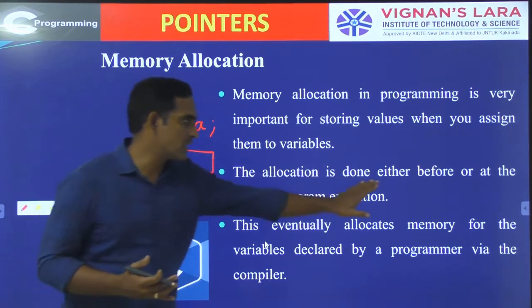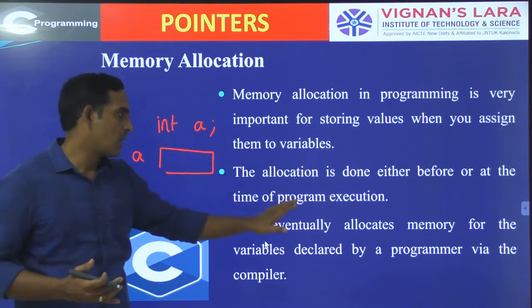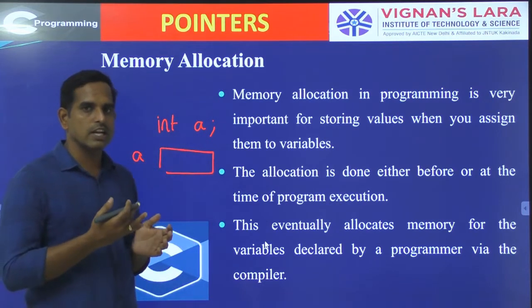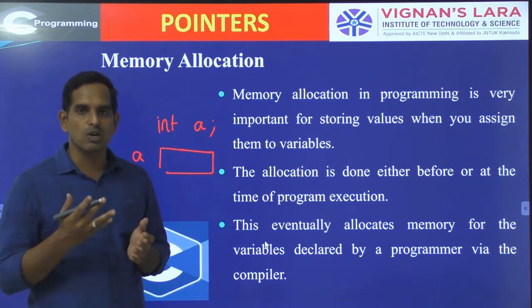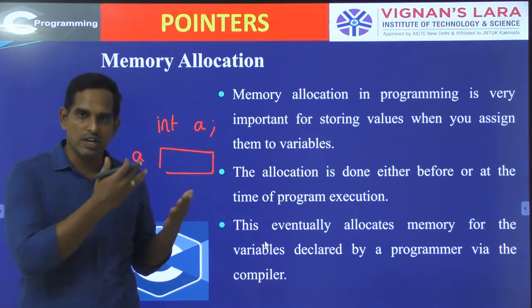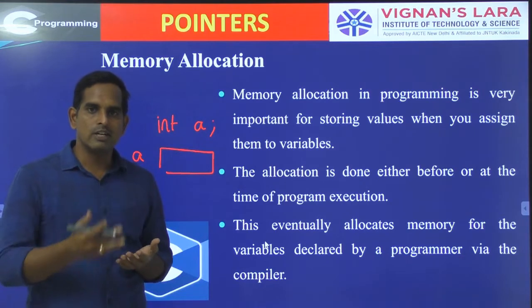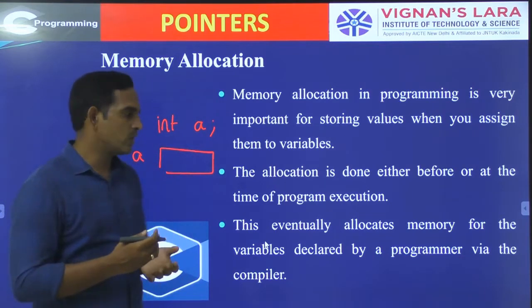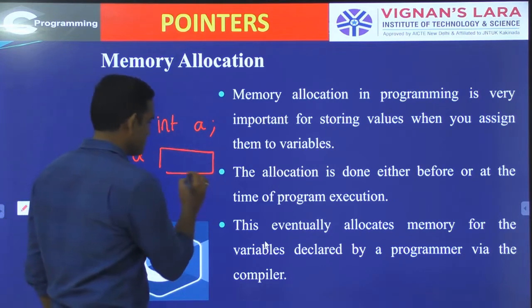So the allocation is done either before or at the time of program execution. So the memory allocation can be done during the execution of the program or before the execution of the program. Most of the programs which you have written until now, the memory will be assigned before the program execution.